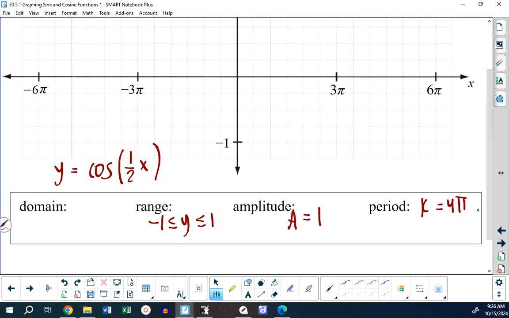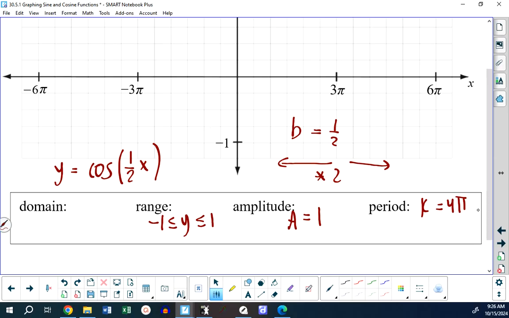From a stretchy standpoint, since b is 1/2, there is a horizontal stretch by a factor of 2. If I take the regular run-of-the-mill period of cosine, which is 2 pi, and I double it, I get 4 pi.